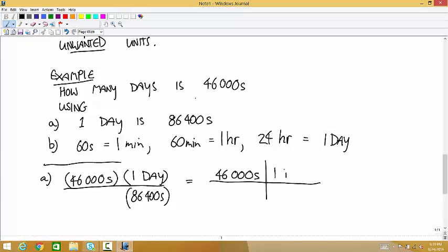So 1 day, 86,400 seconds. And then you can see the seconds, the unwanted units, cancel. And you get about 0.5324 days.